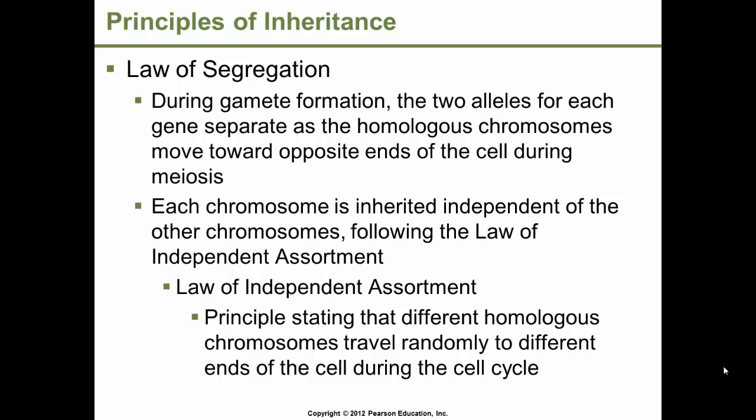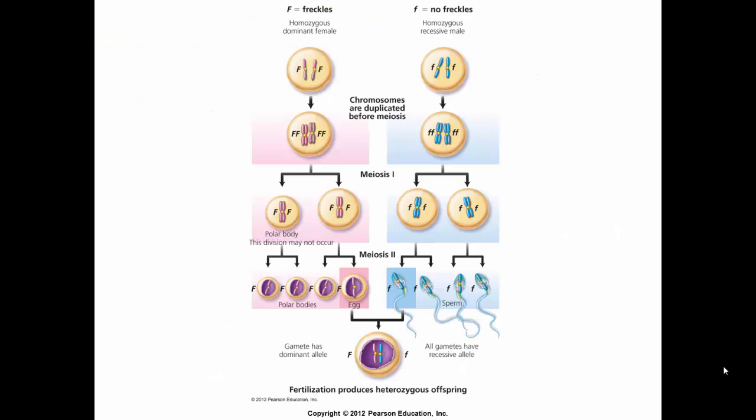The orientation of maternal and paternal homologs relative to the poles of the cell is entirely random. Pairs of alleles for genes on different chromosomes thus segregate into gametes independently. This is the image in your textbook showing the segregation that occurs during meiosis 1 and meiosis 2.